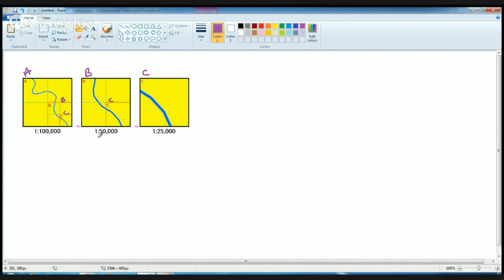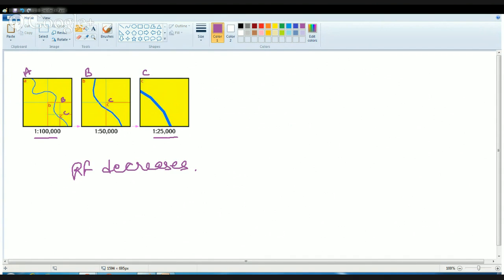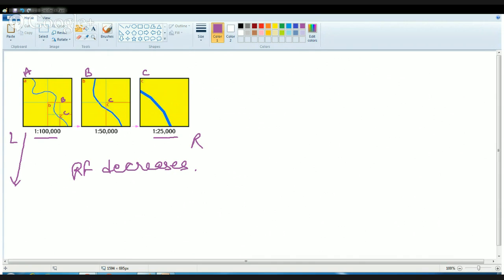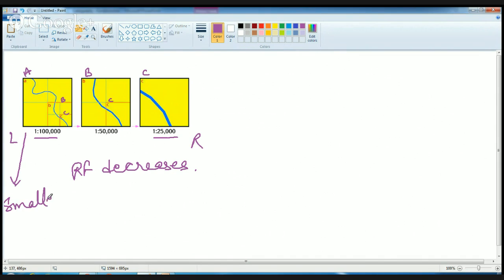So as we go on, what happens is RF, the representative fraction, decreases. So map on the far left, this is right and this is left. So map on the far left, that means I'm talking about this map. What does it have? It has the smallest scale.